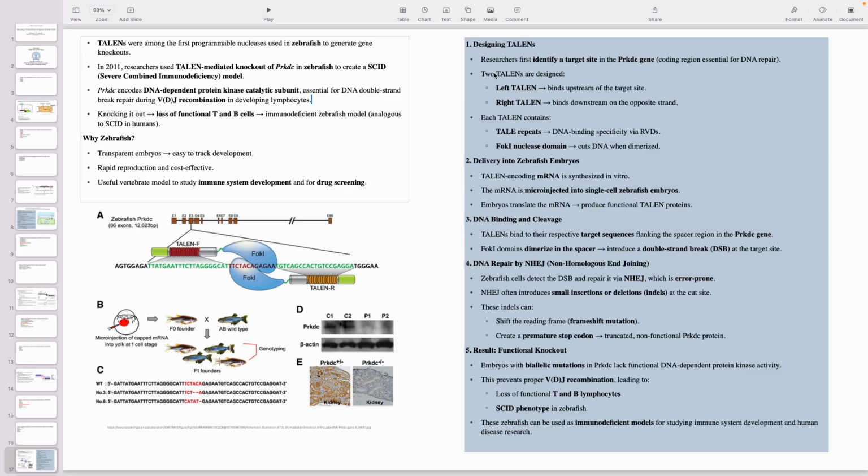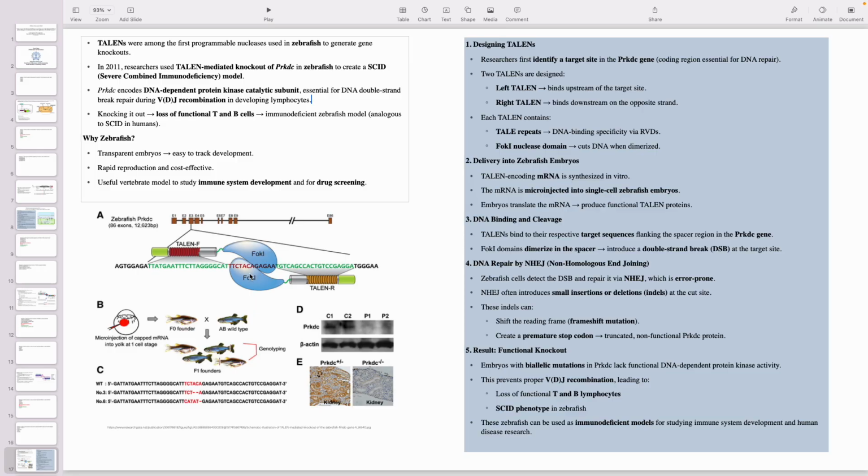Then two TALENs were designed. One is the left TALEN, which binds the upstream target site, and the right TALEN, which binds the downstream site, or the opposite strand. Because the TALENs, to be functional, have to be dimerized.